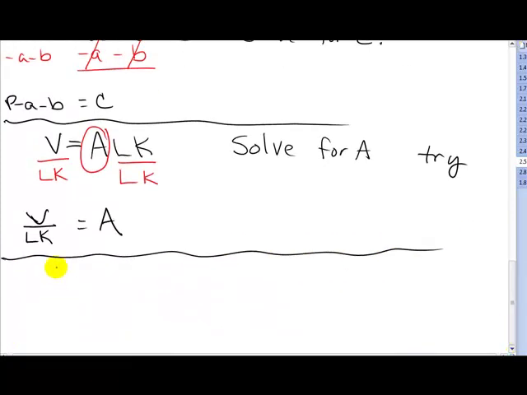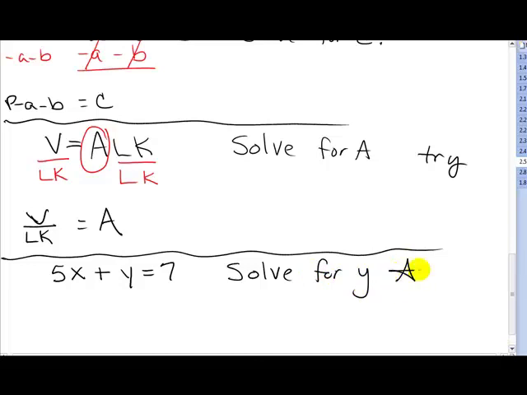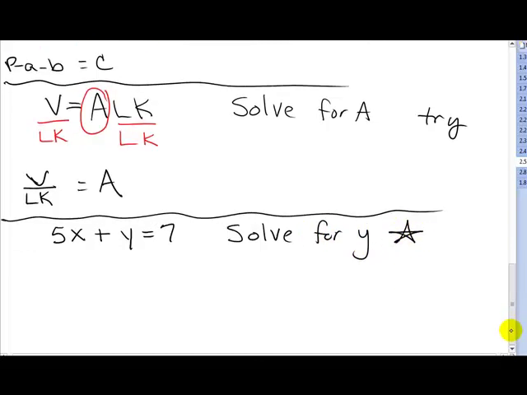The next few that we're going to try, we will be seeing again in Chapter 3 when we start graphing. So these are very important that we understand how to do them. So really pay attention and try hard on your homework. Solve for Y. What's going on between the 5x and the y? They're being added. This is positive.